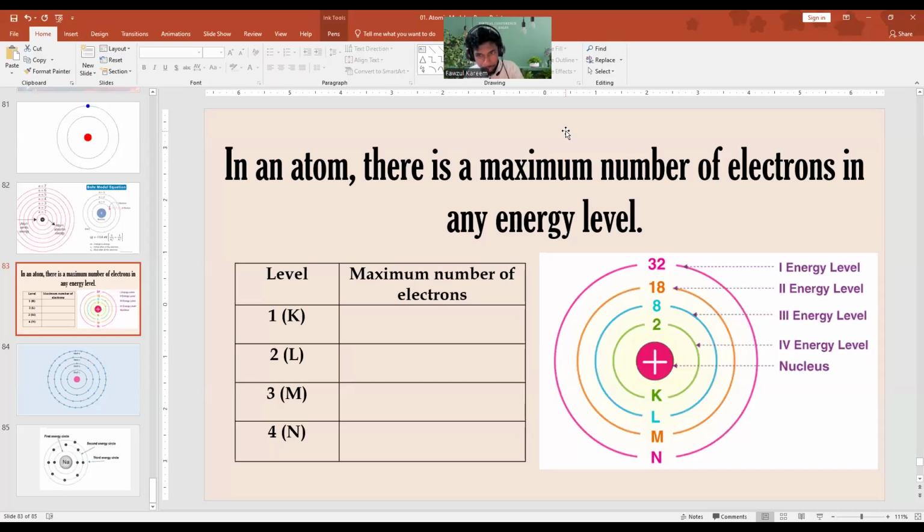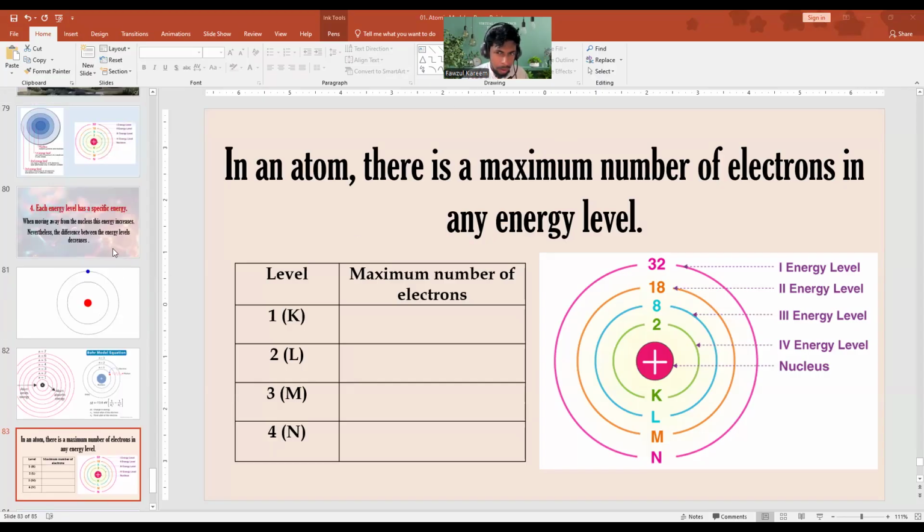Now, if you have any doubt, you can ask me. Each energy level has space for a certain amount of electrons.